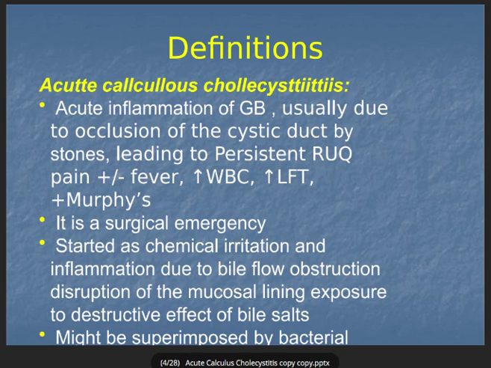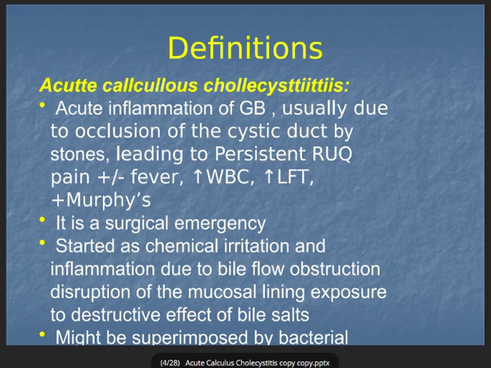What do we mean by acute calculous cholecystitis, or as I said at the beginning of the lecture, acute cholecystitis? From the term, cholecystitis means inflammation of the gallbladder. I am focusing on the suffix itis: it means inflammation or infection of an organ, and you have to differentiate between the two.